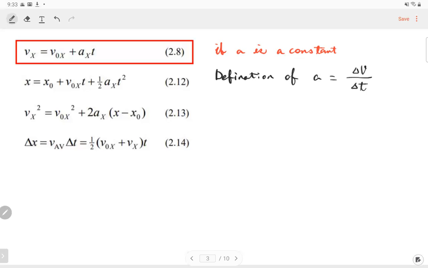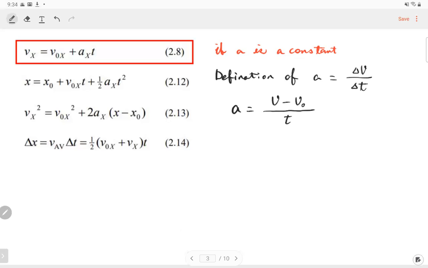The acceleration is the rate of change of the velocity, right? So if a is a constant, then we can use this definition to get a equal to the final velocity minus the initial velocity divided by the duration.